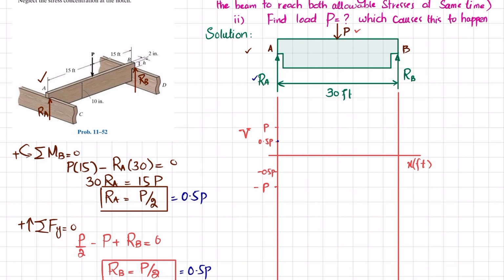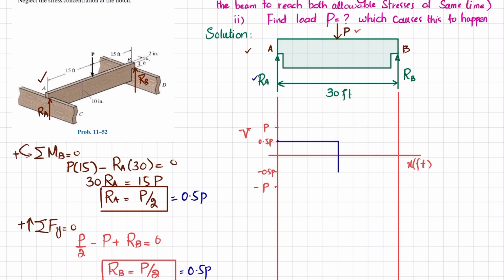Now moving from RA till the middle, there is no other force, so the shear force will remain the same, and it will be just a horizontal line. Now at this point you have P acting downward, so 0.5 P minus P will equal minus 0.5 P. So the shear force will change to this point.